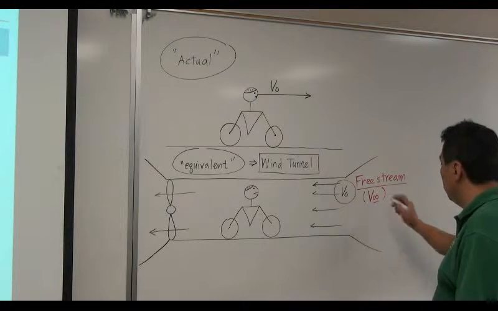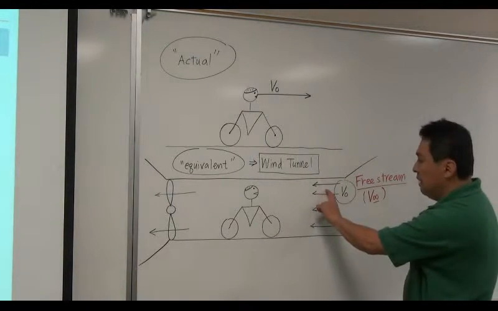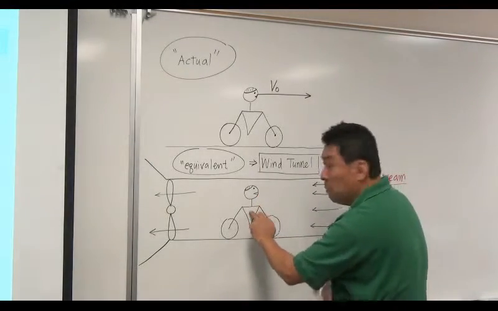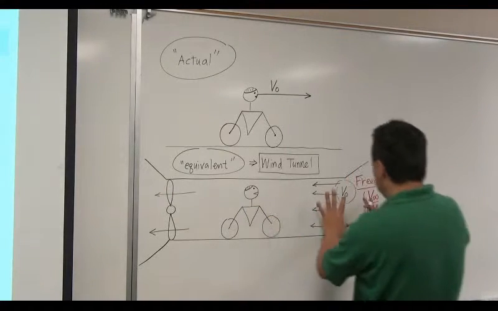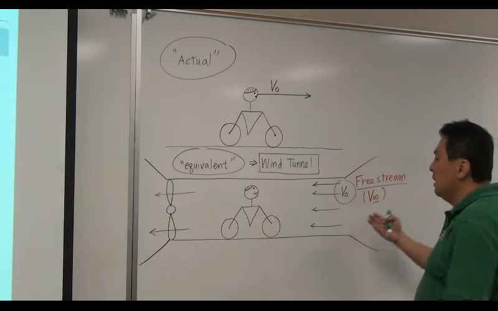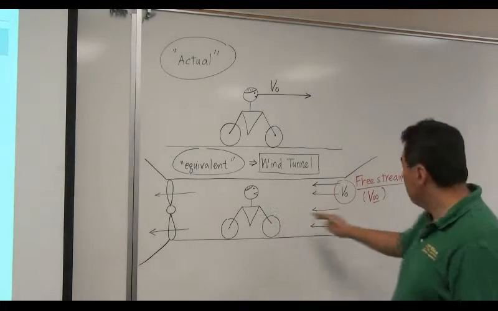This infinity really means that this is the air infinitely forward of this model. So this is undisturbed air, which is completely not affected by the presence of the model. So this is called free stream.